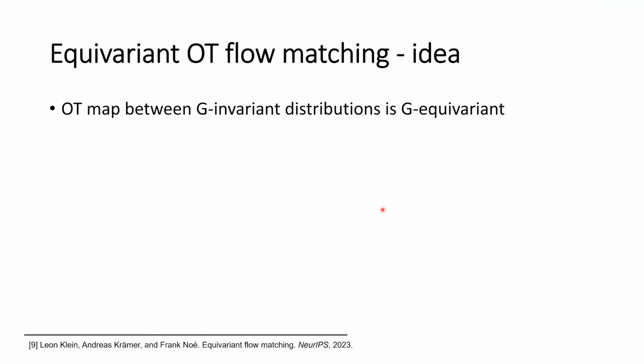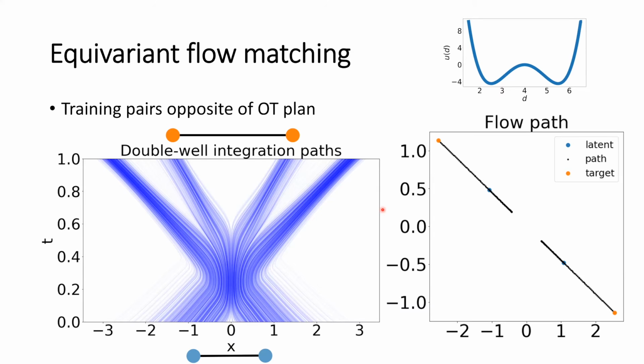Quick question. Yeah. Why did the curved paths happen? Could you explain a bit more why they happen? So how we train this here, in this case, is that this particle here should go either here or here, and this particle is supposed to be here or here. This is how we match the samples during flow matching. And then the resulting vector field that was learned is not learning that these actually cross the origin and go there, but instead, because the vector field is permutation equivariant, it doesn't matter which particle is which.